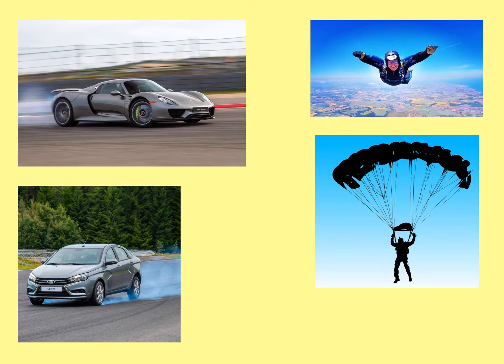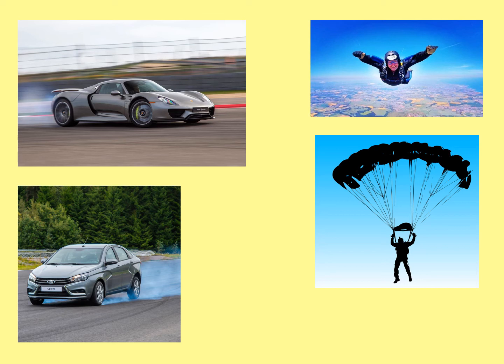So if an object is accelerating, getting faster and faster, or decelerating, getting slower and slower, then there is a resultant force acting on that object. It might be a driving force in the terms of the car speeding up. It might be friction in terms of the car slowing down, decelerating.